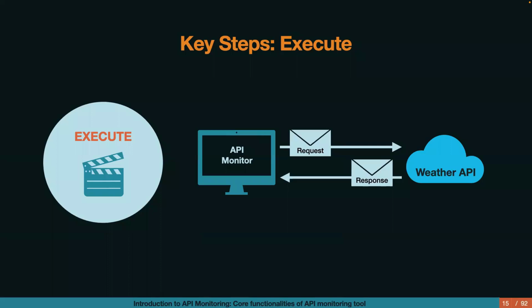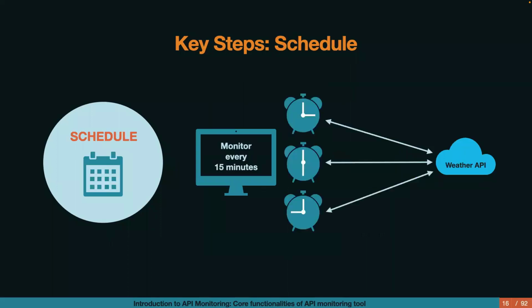So now that the tests are defined, an API monitoring tool has to execute the tests. This means that the tool must be able to send requests to the specified API endpoint, receive a response, and check assertions associated with that test against the received response. The tool must also be able to schedule tests to run. And scheduling here doesn't just mean time-based scheduling.